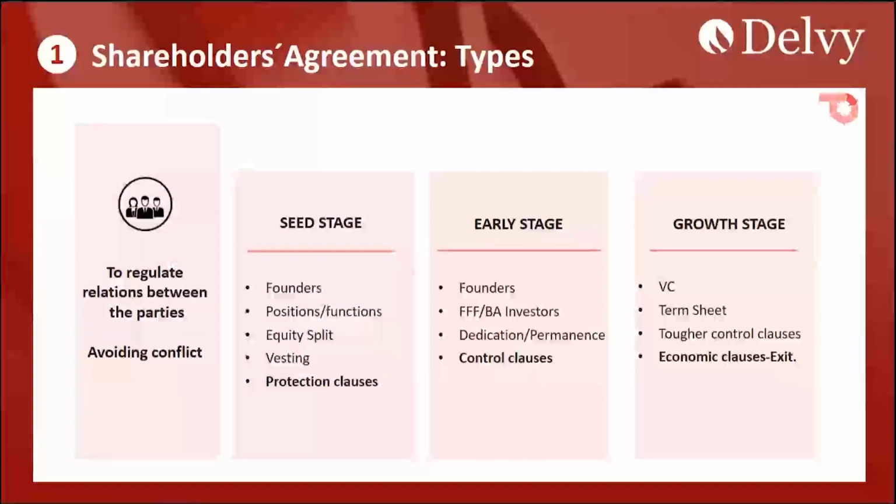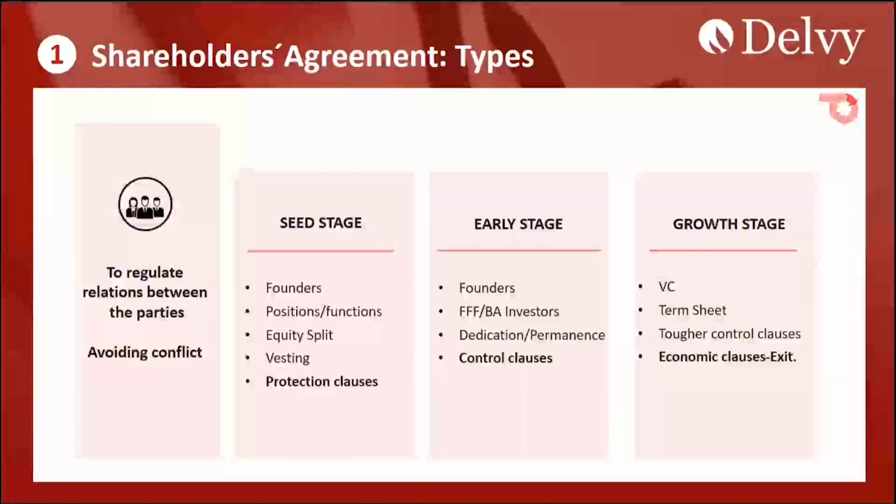Usually, what will be important to regulate here is the position and function of the founders, their permanence, their dedication, how they're going to split their equity, if they're going to have a vesting period in which they will consolidate their shares. We'll have protection clauses about IP, and we'll have some control clauses about how we're going to make decisions.